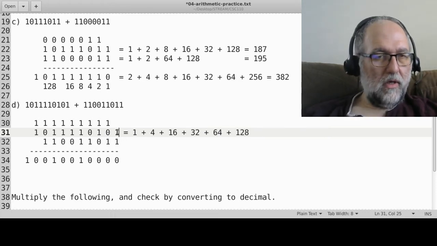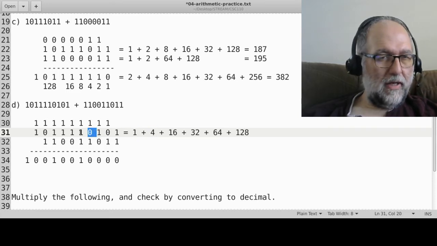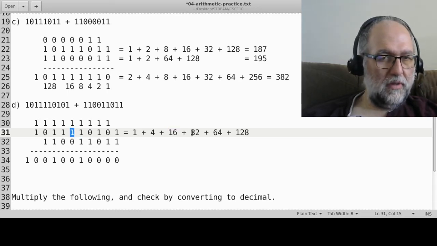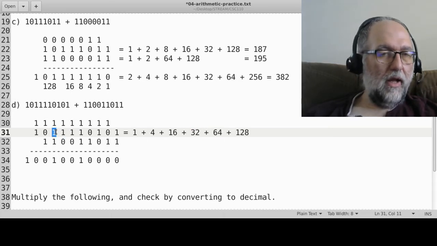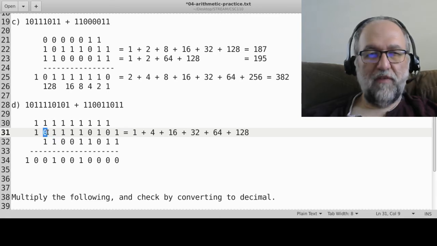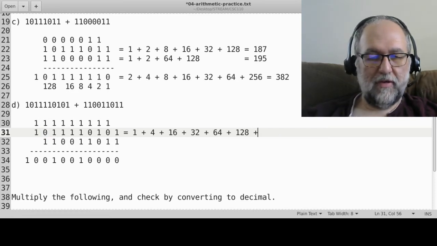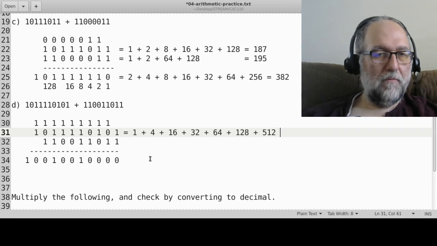Okay, so there's our 1 there like that, and there's our 4, there's no 8, there's our 16, there's our 32, oops, 64 is right here, 128, okay. After 128 is 256, but there's no 256, and after 256, that would be twice 256, and that's 512. Okay, so 512, all right?